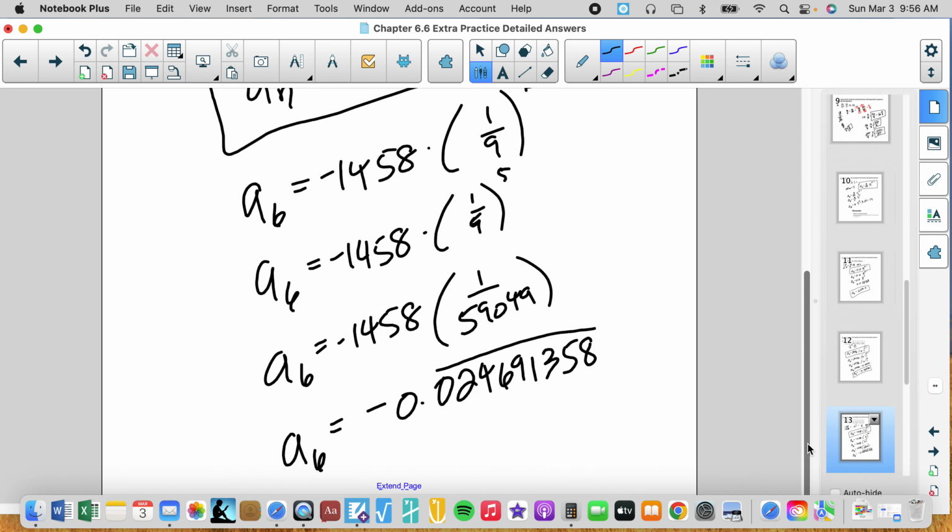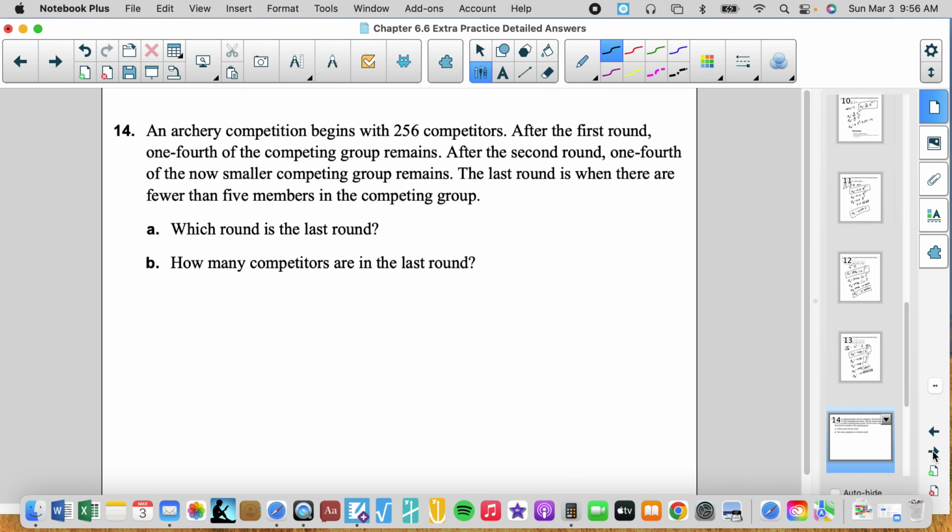I mean, okay, fun. An archery competition begins with 256 competitors. After the first round, 1/4 of the competing group remains. After the second round, 1/4 of the now smaller competing group remains. The last round is when there are fewer than 5 members in the competing group.